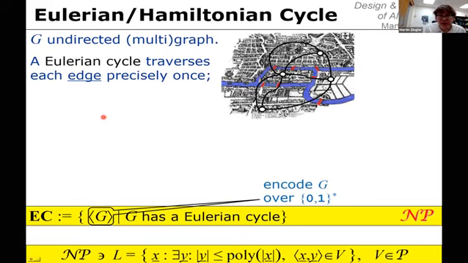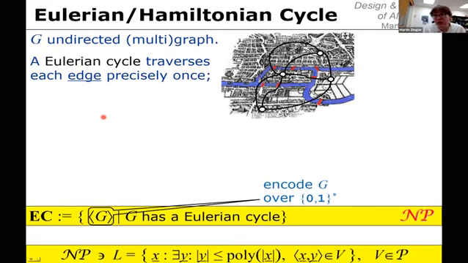And so a Eulerian cycle is a list of such binary encoded vertices of log n bits each, and the cycle must visit every vertex once. So the cycle has length n.